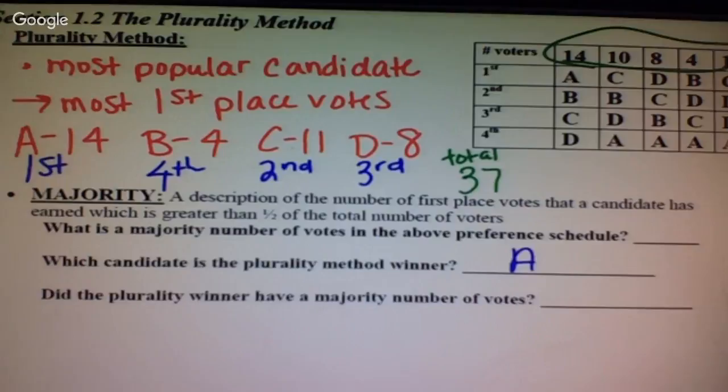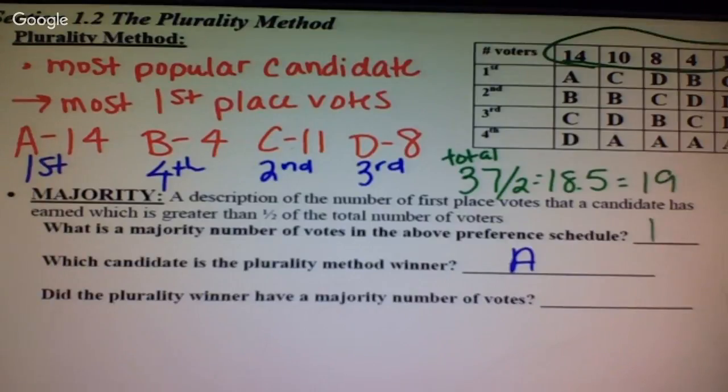So we have 37 total. In order to be a majority, I need to have more than half. So the first thing I need to do is find out how many is half. If you cut 37 in half, you should end up with 18.5. Majority says greater than that. So what's my next number up? 19.